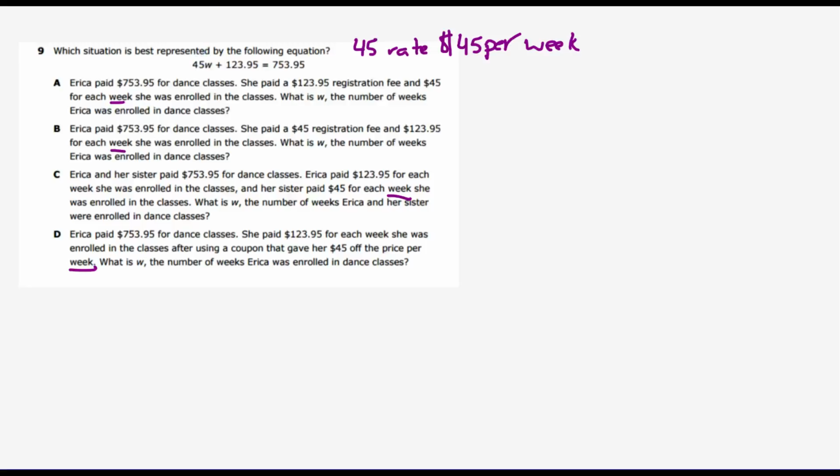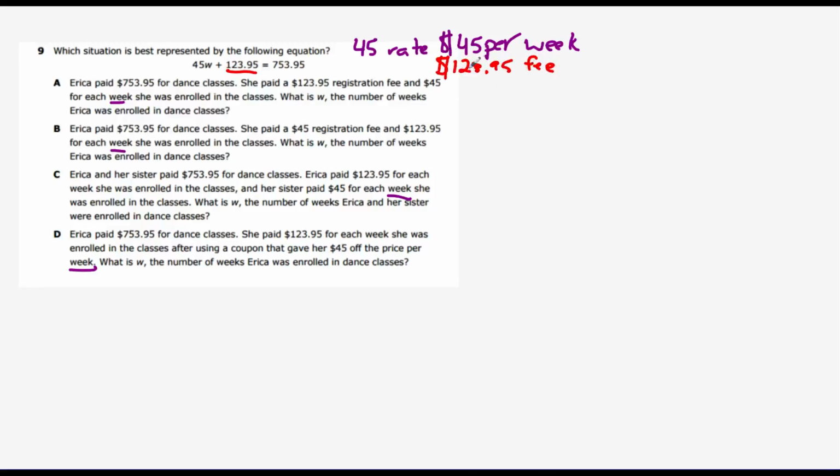Okay? And I think that actually narrows it down. We can actually answer the question. So this one says, or no, before we do that, let's finish. Let's look at this. So 123.95. This is getting added on, right? So she only pays this one time. So it should be like 123.95, like a fee or charge, one time kind of thing.